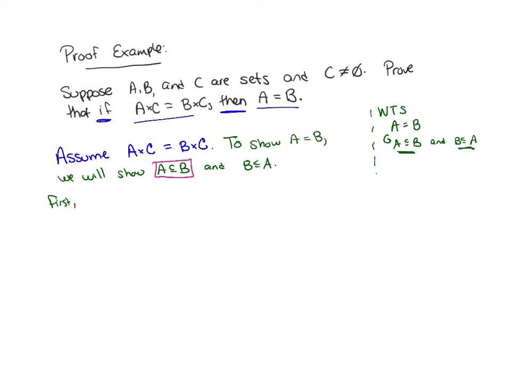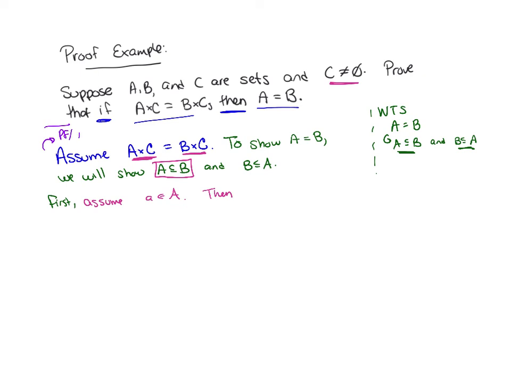To show that, I'm going to assume some element a is in A. Then, now I know A cross C is equal to B cross C, so I have to use that information to tell me something. So I also know that C is not empty. So perhaps we should have assumed those things up here.